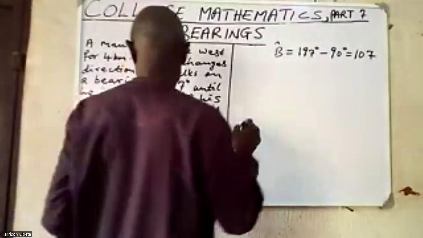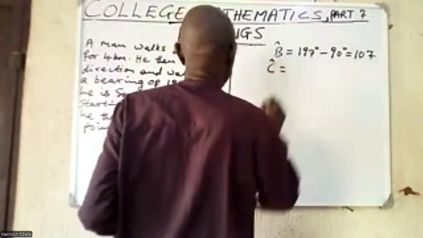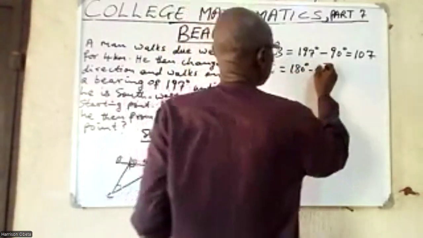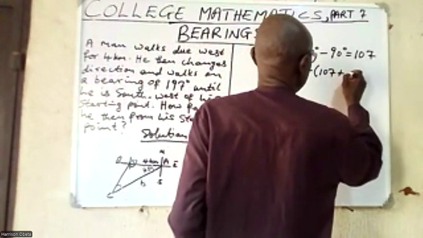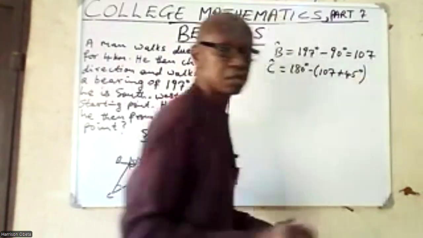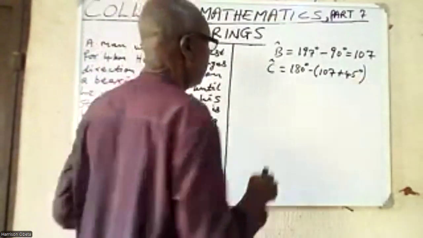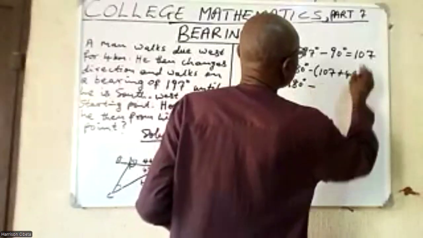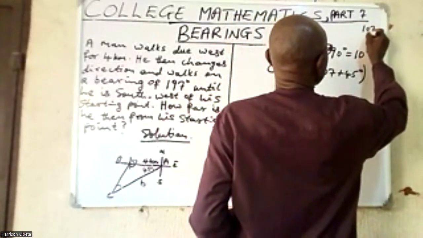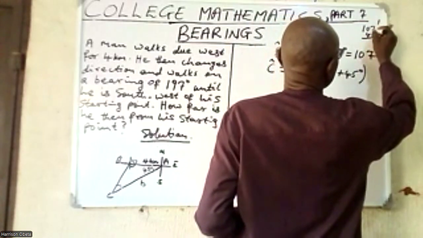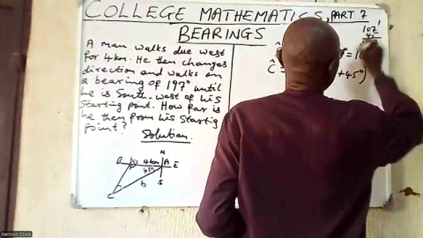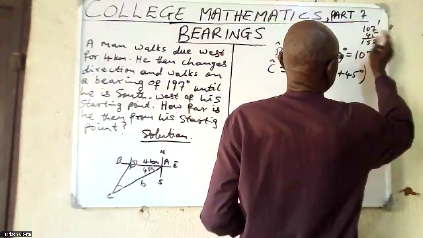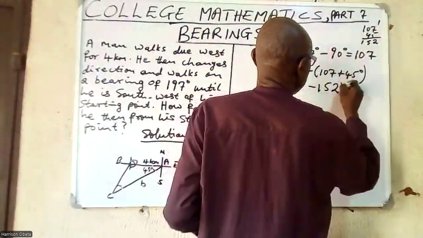Because this is 107, to get angle C is equal to 180 minus 107 plus 45 degrees. 107 plus 45 gives us 152 degrees.